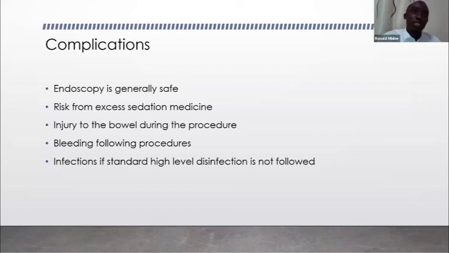In some instances, there are complications, for example, where someone has a disease that is joining the esophagus to the trachea, and then already that compromises the ability of the person to tolerate the procedure. Other complications that have been documented include injury to the bowel or the intestine.